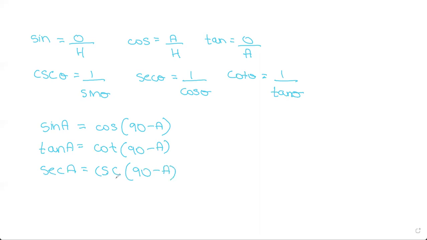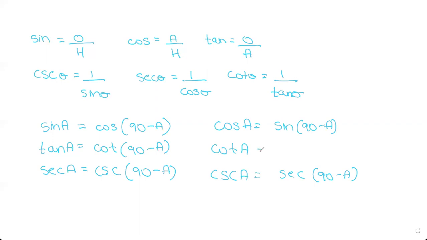So cosec A is sec 90 minus A. And then cos A will be sine 90 minus A. And then finally, cot A will be tan 90 minus A. So these are the co-function identities which you must know. These don't get tested too often, but it's still really good to know that.